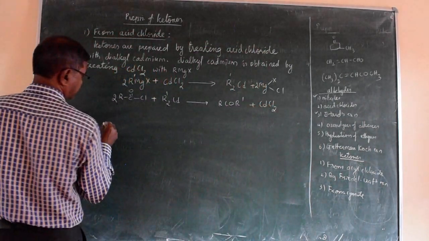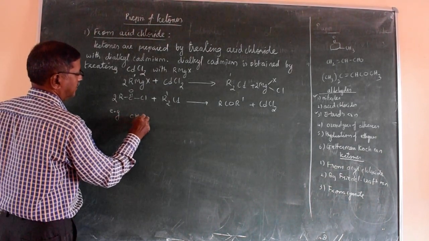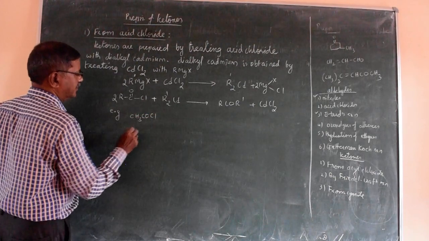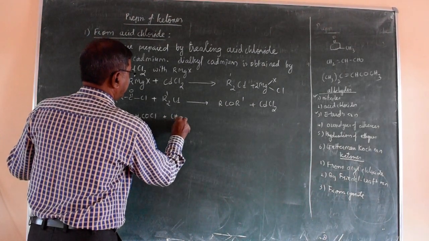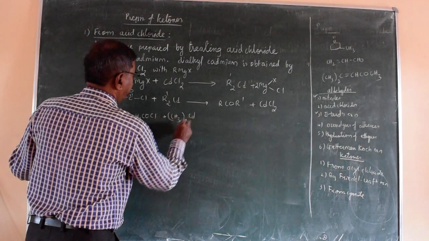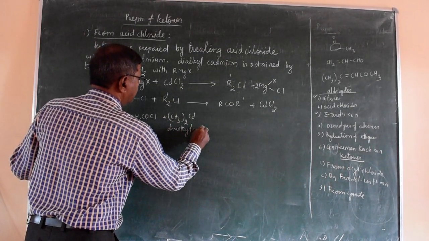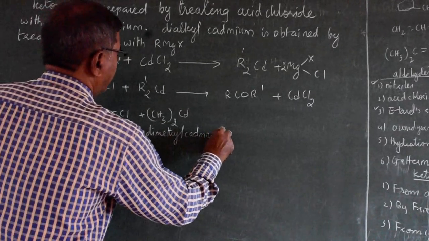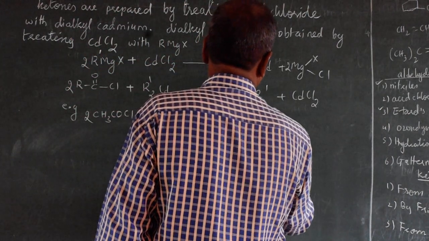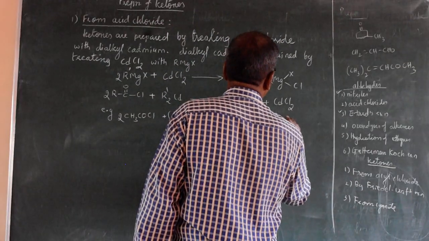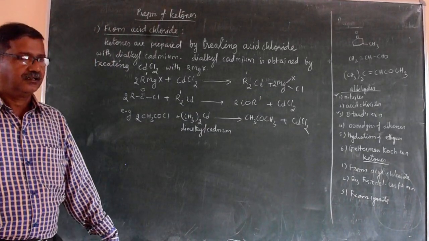So example is CH3COCl, we know it is called acetyl chloride, plus CH3 twice Cd, dimethyl cadmium. The product is CH3COCH3 and CdCl2.